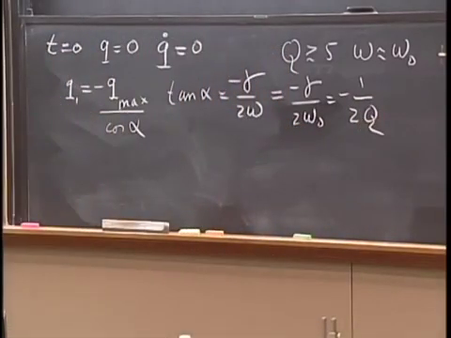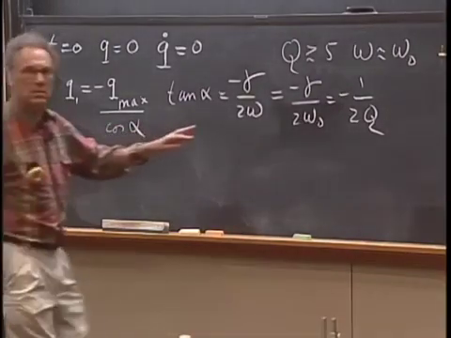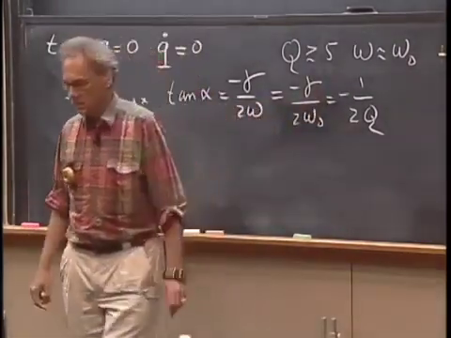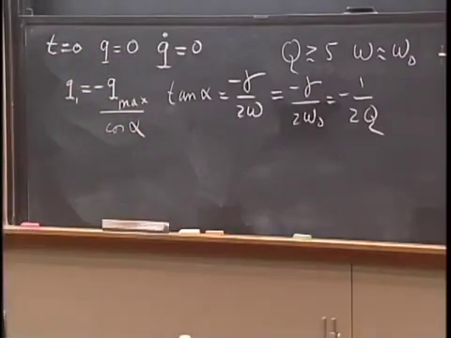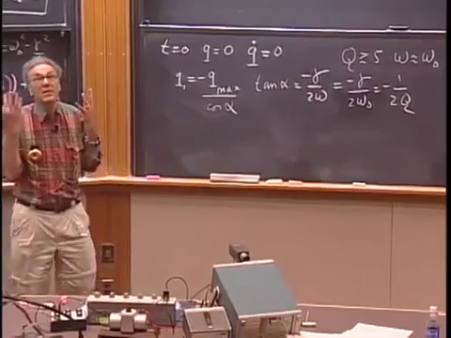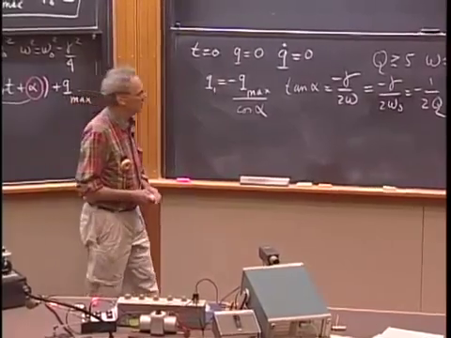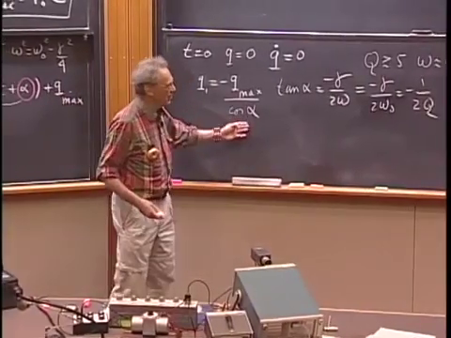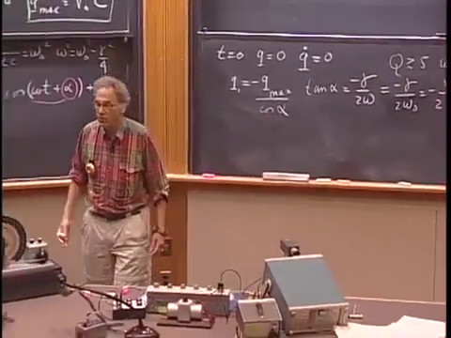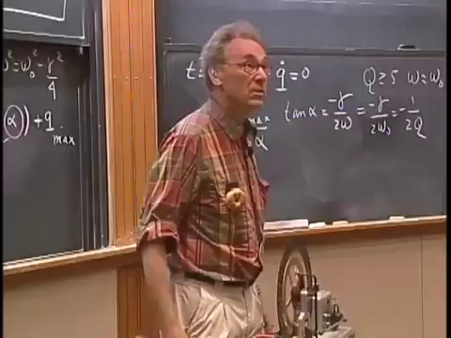And if Q is 5 or larger, my goodness, this is 1/10. If we forget the minus sign now. So that means that alpha is only something like 5.7 degrees with a minus sign. And the cosine of 5.7 degrees is 1, for a physicist at least.